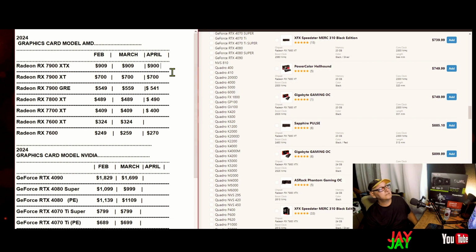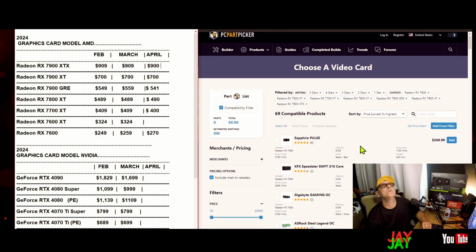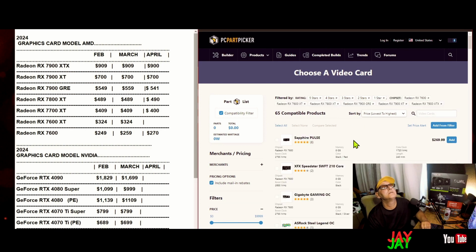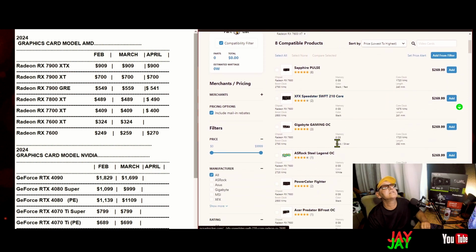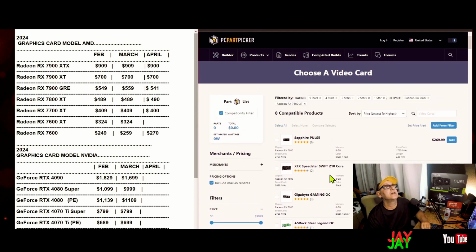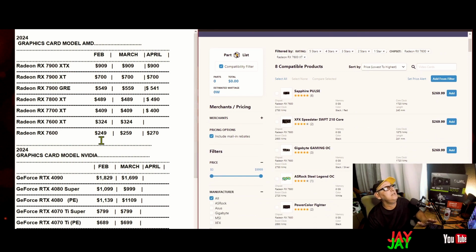So for this month, it don't look that great. So let's find the 7600 XT and we can close this out. Okay, so we got the 7600 and that's it. It looks like there's no pricing for the 7600 XT.